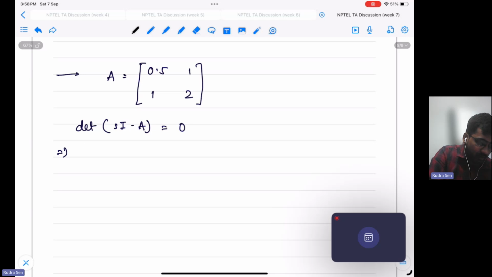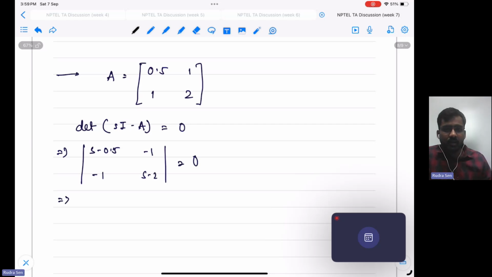So what we get is (s minus 0.5)(s minus 2) minus 1 times 1. This gives two eigenvalues, s equals 0 and 5 by 2, or 2.5.